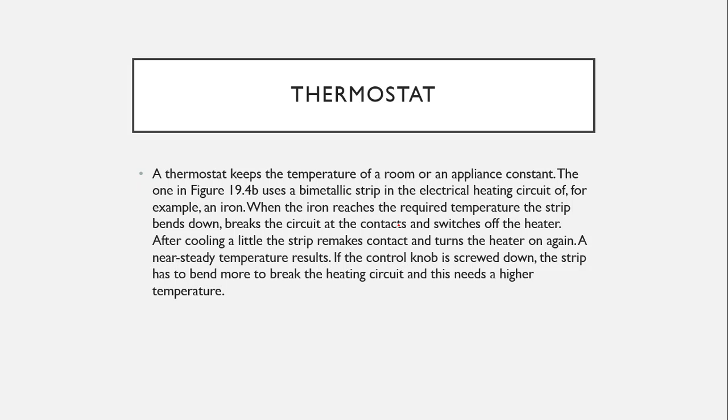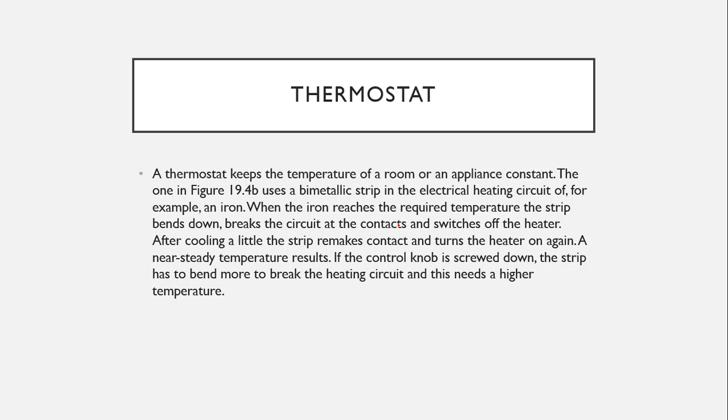In the fire alarm, the bend was upward, so it was closing the circuit and causing the fire alarm to go off and the bell to ring, so that where it is installed, we know that a fire has taken place. However, in a thermostat, it is the opposite.